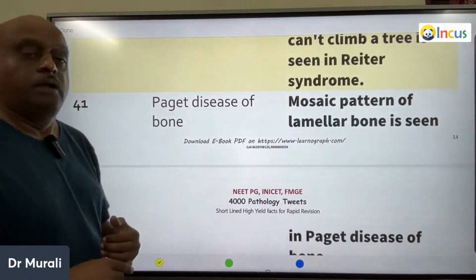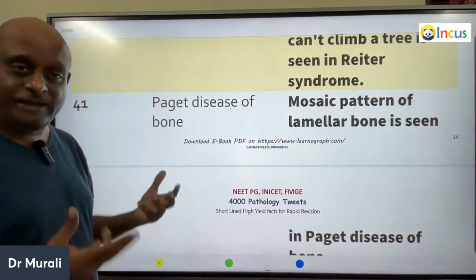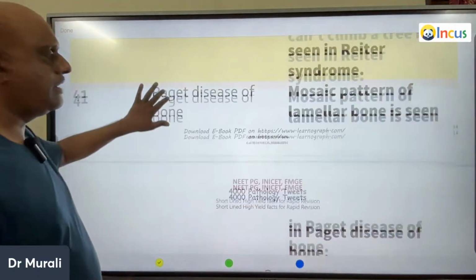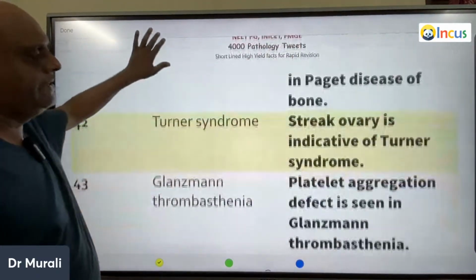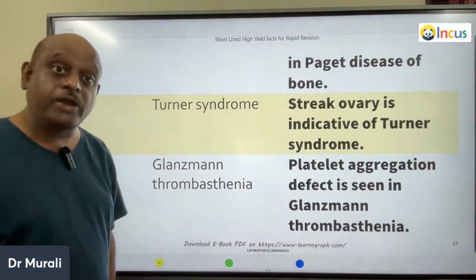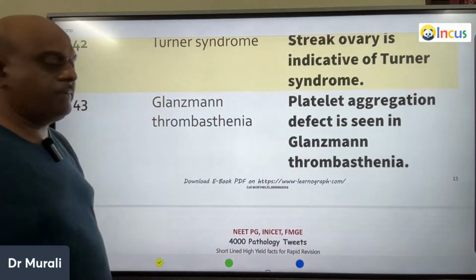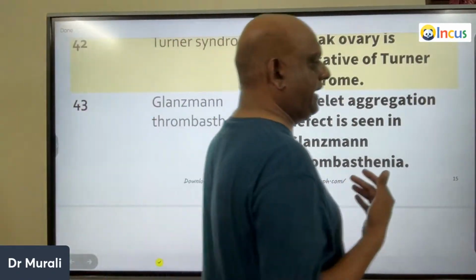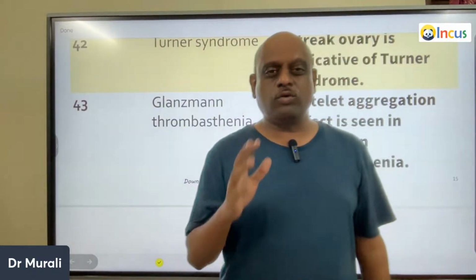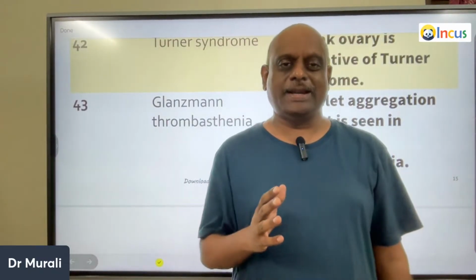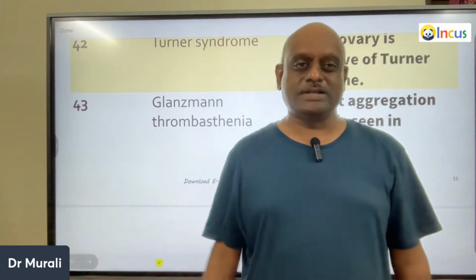Now, mosaic pattern, just before we have seen a histology of the lamellar bone, is seen in case of Paget's disease. Streak ovary is a feature of Turner syndrome. Then what is the problem in Glanzmann's thrombasthenia? So you should know what is von Willebrand disease, Glanzmann's thrombasthenia, and Bernard-Soulier disease.